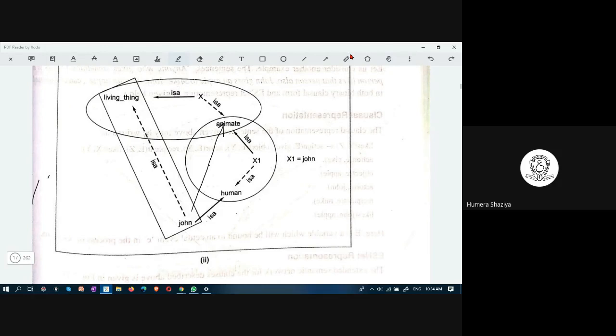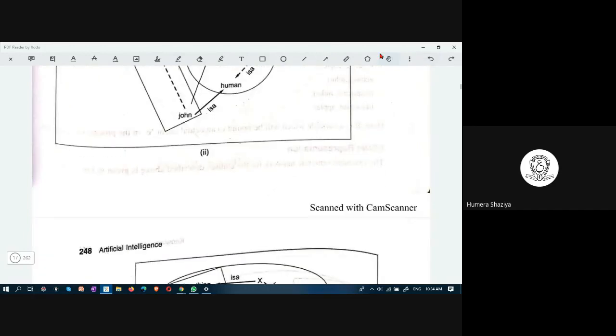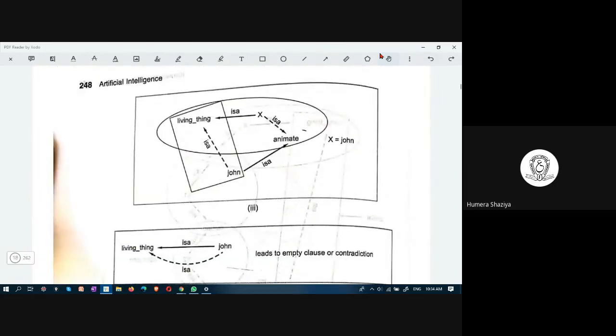Or in other words, we can also say that this John is animate. When you are binding John to X, this part is also removed. Now John is directly linked to living thing. When you remove this part, John will go here.